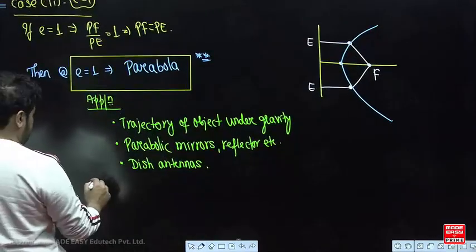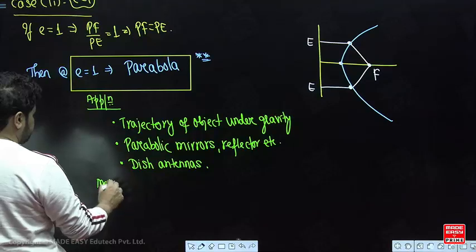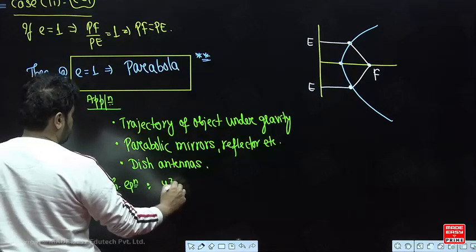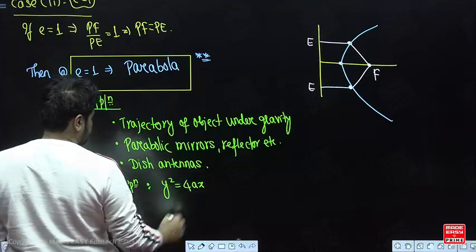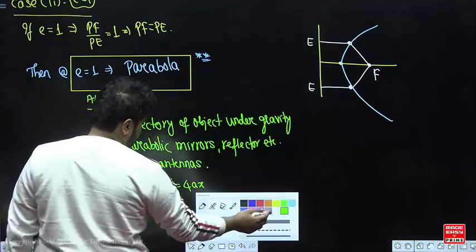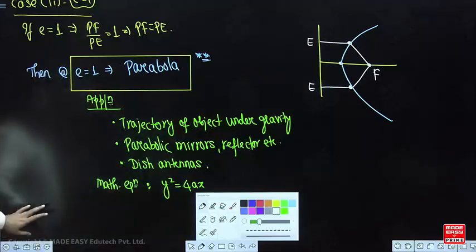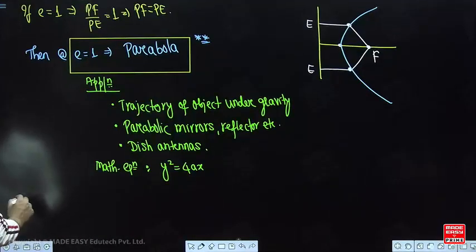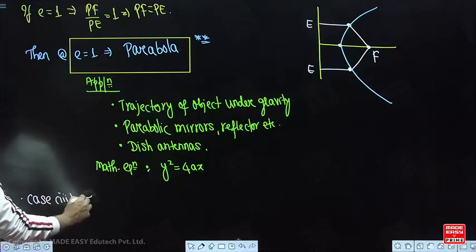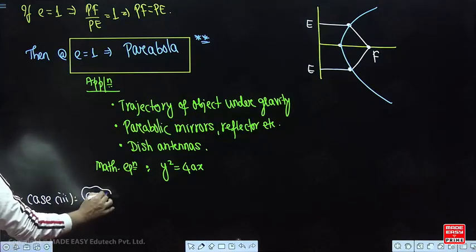So these are a few examples, and the mathematical equation is y square is equal to 4ax, correct? So this is your parabola. Case number 3, eccentricity is less than 1.